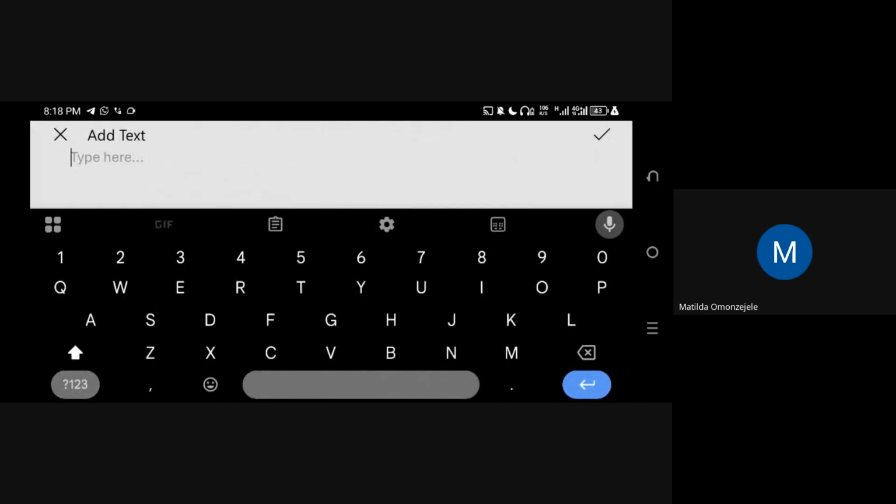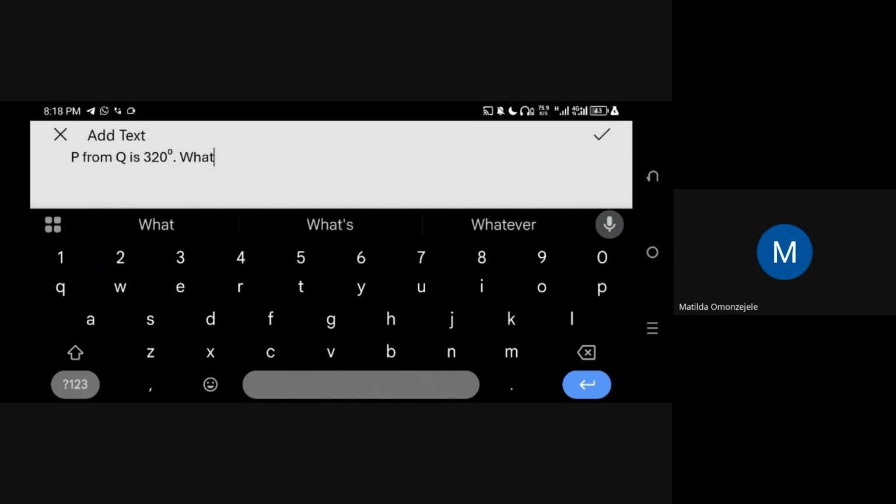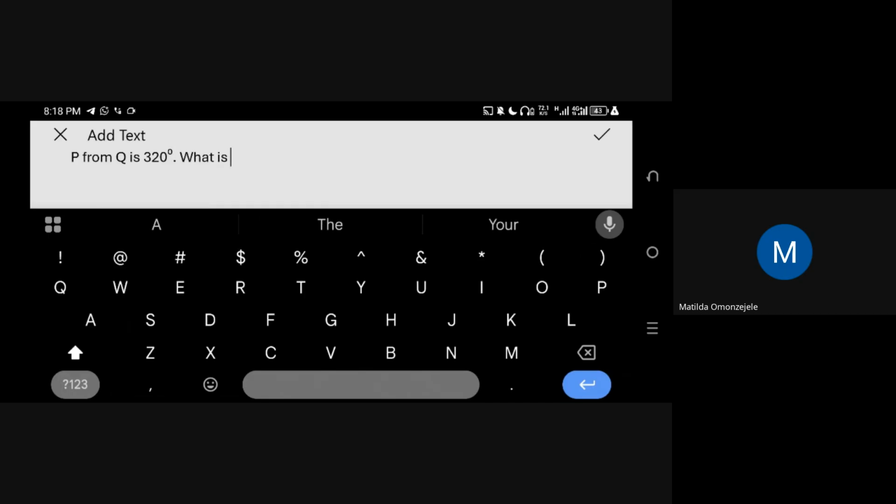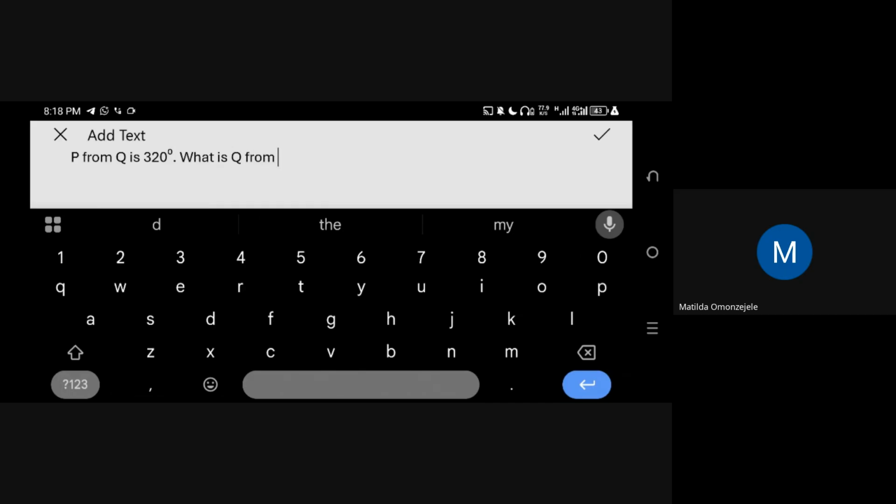P from Q is 320 degrees. What is Q from P?